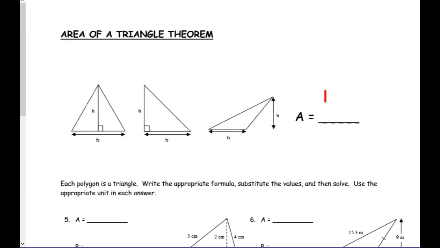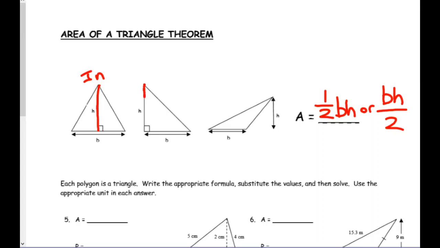It is 1/2 BH, or you can write it like this, BH over 2. 2 ways to write it, okay? But you're going to multiply the base, which is the bottom side, times h, which is the height. And then you divide it by 2. So notice, your height can be inside.